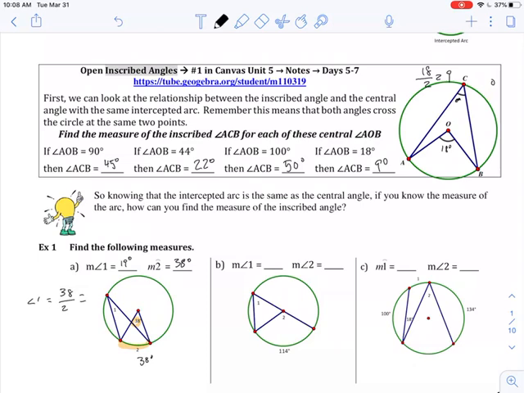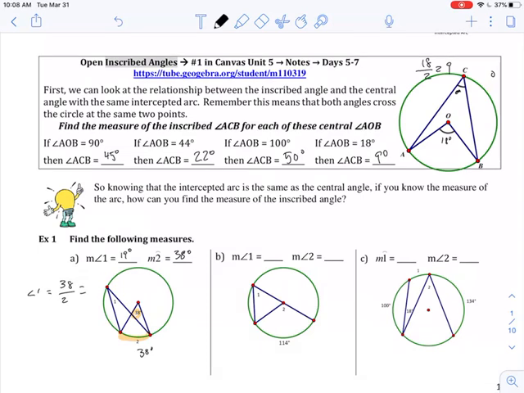Okay, let's look at this one here. So measure of angle 1. So here's my vertex. It's on the circle. There's my 2 points. So I have that relationship with the arc. So angle 1 would equal 114 degrees divided by 2, which is going to be 57 degrees.